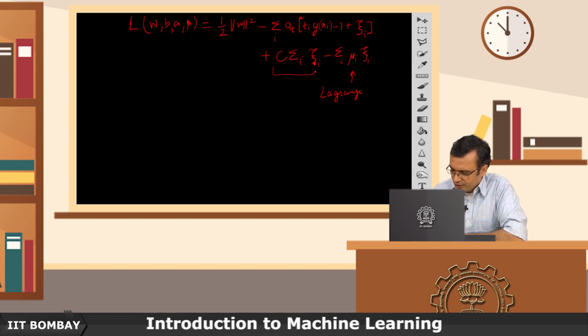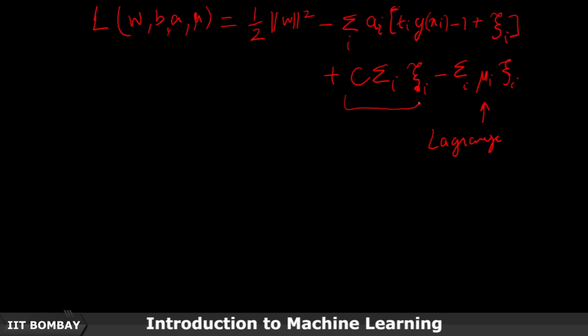Okay. So now if we solve this, the KKT conditions will be slightly different. Earlier we had 3 KKT conditions, now we will have 6 KKT conditions because we also have the Lagrange multiplier over xi.